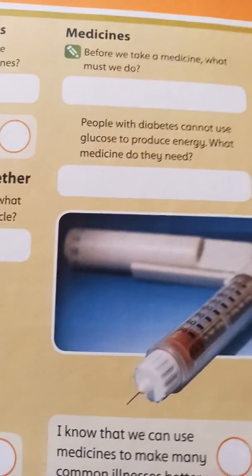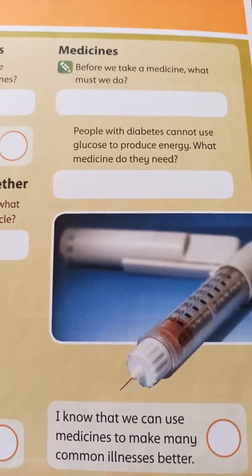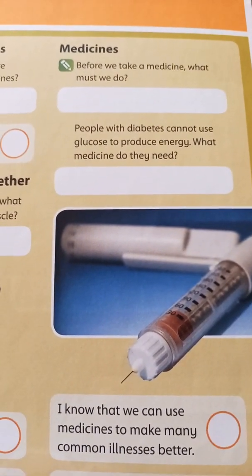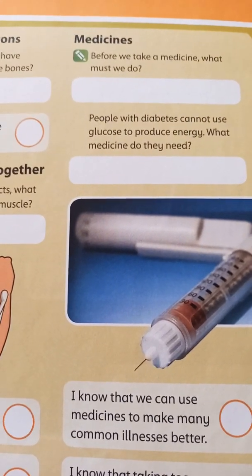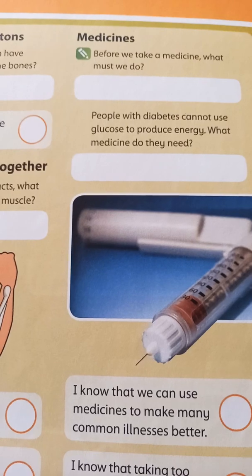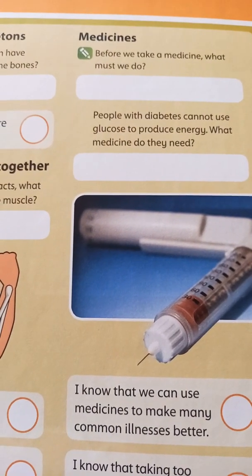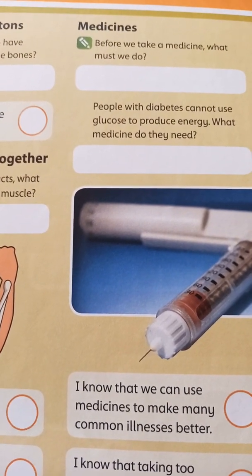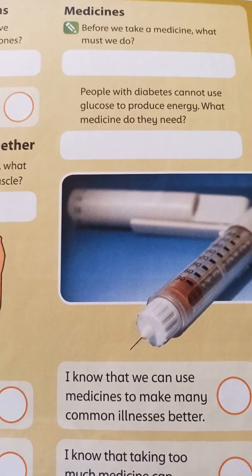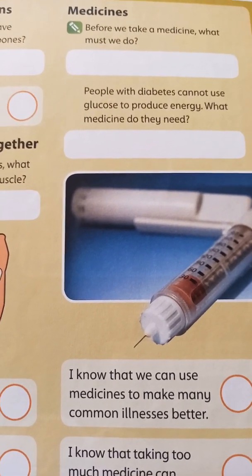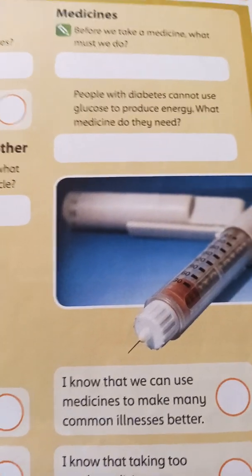Now come to the other concept. Remember the concept of medicine. Before we take a medicine, what must we do? We should read the label properly. We should read the leaflet properly. People with diabetes cannot use glucose to produce energy. What medicine do they need? They need insulin for this purpose.